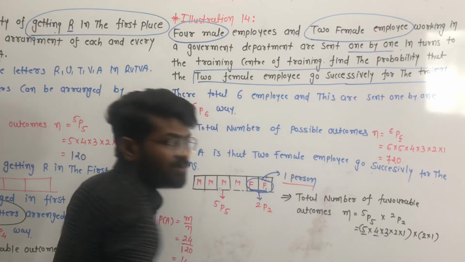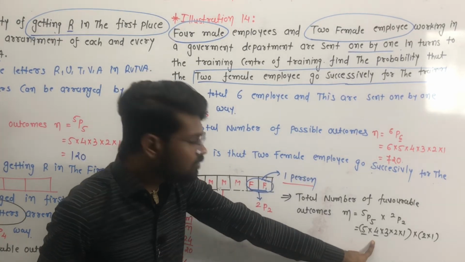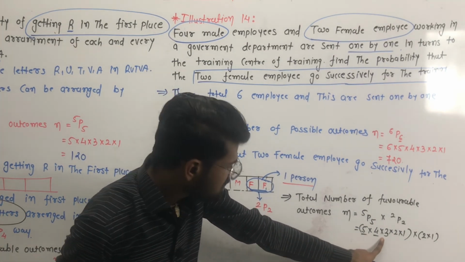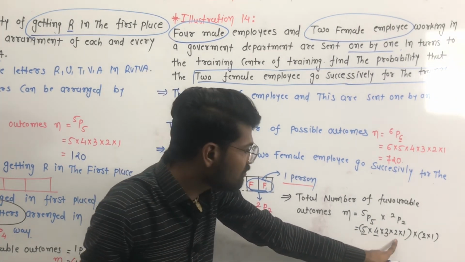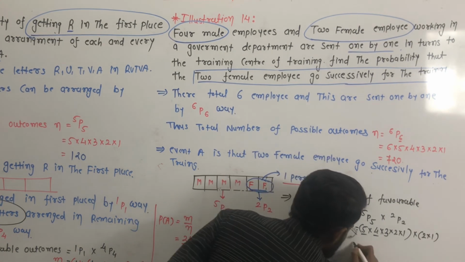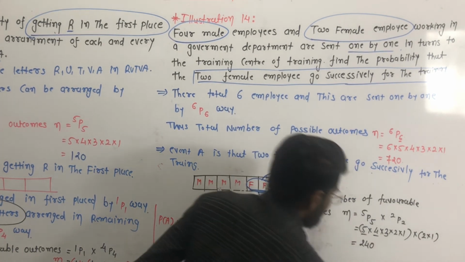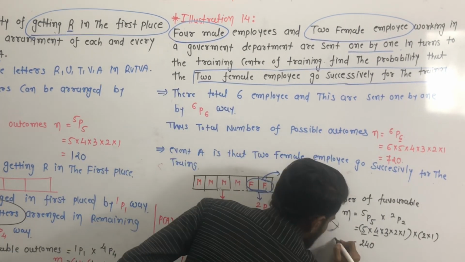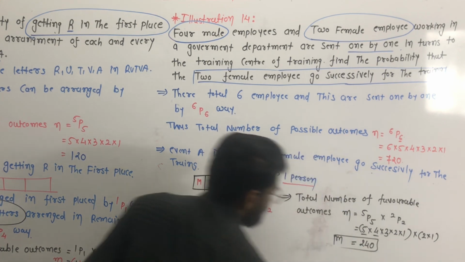Now 4 into 5 is 20, into 3 is 60, into 2 is 120, into 2 it is equal to 240.